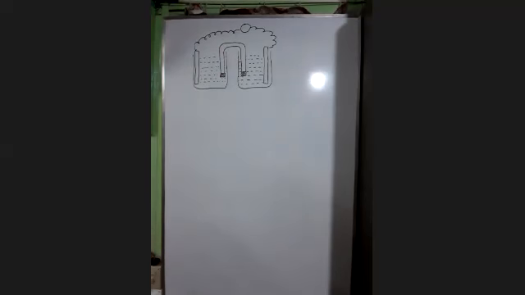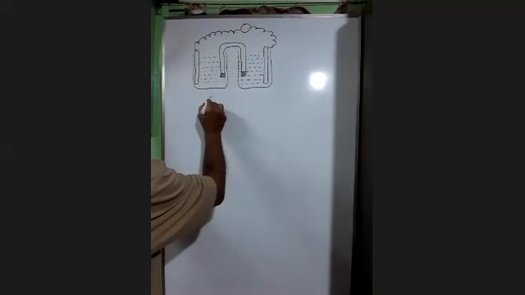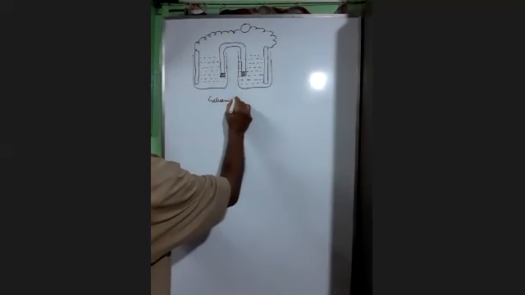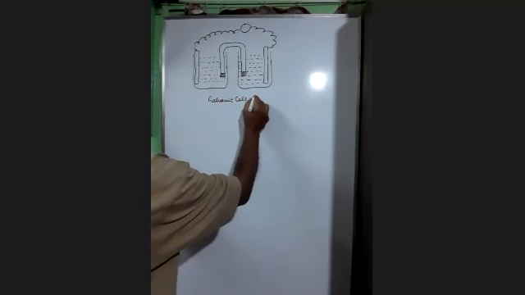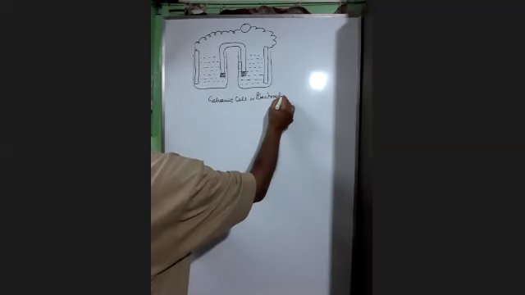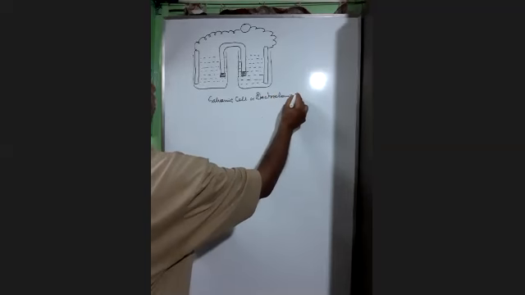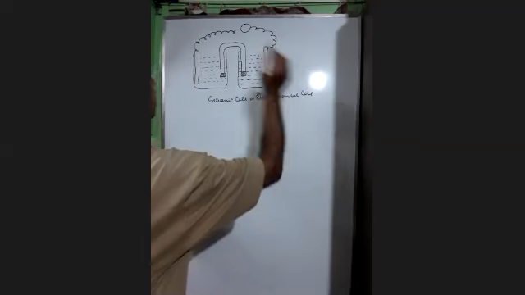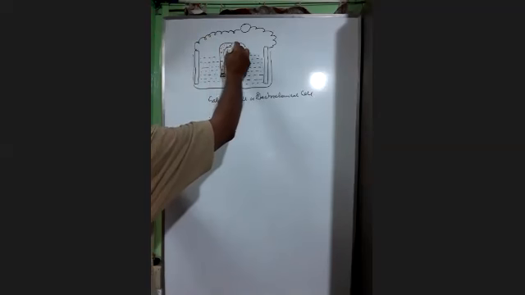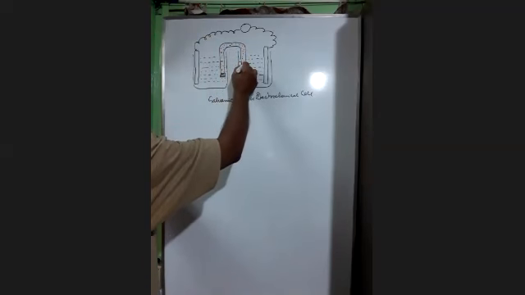Okay. So this is the galvanic cell, or electrochemical cell. I need not write it because you know it very well.